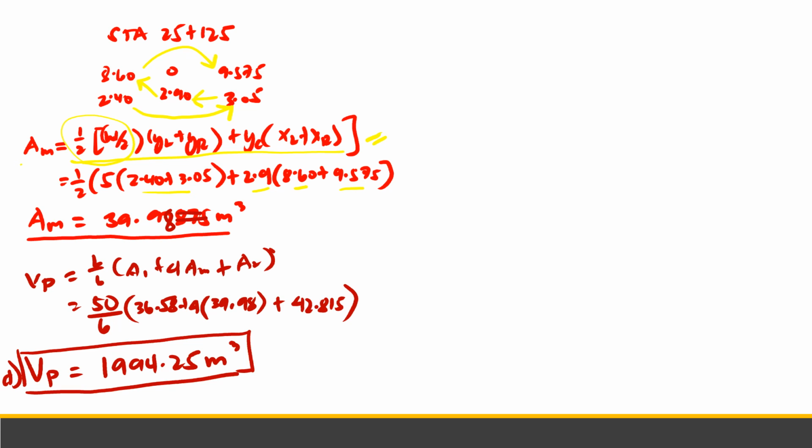Okay, for the prismoidal correction, from the formula, the prismoidal correction is L over 12 times D1 minus D2 times C1 minus C2. So this is 50 over 12. D1 is XR plus XL of station 1, that is 16.30, minus XL plus XR of station 2, that is 20.05.